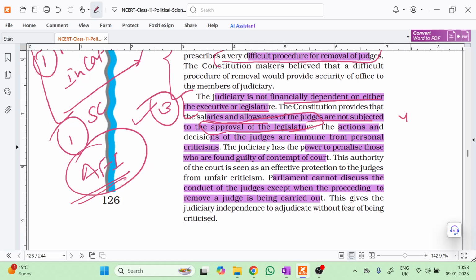Then the fourth power is that the actions and decisions of judges are immune from personal criticism. कोई भी legislator, कोई भी parliamentarian, could not criticize the conduct of judges, not only in the House of Parliament, not only in the parliamentary proceedings, but in the individual capacity as well.